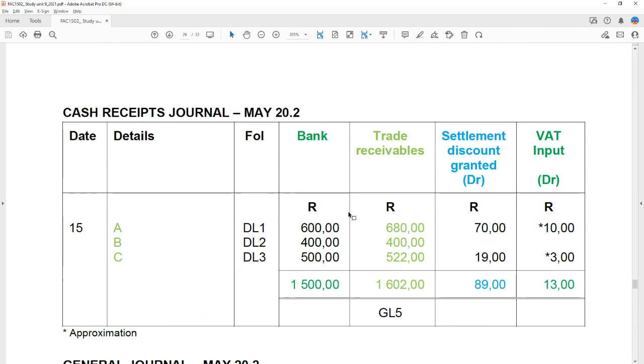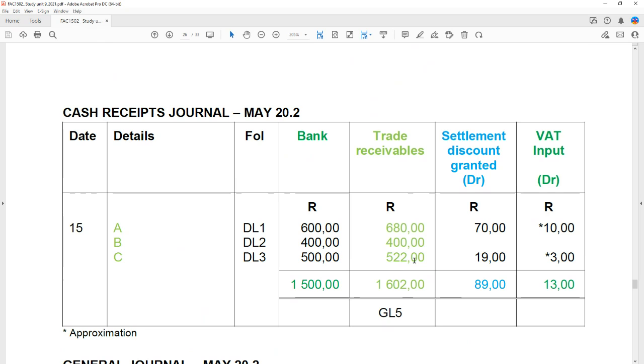So here we can see we received these amounts from our trade receivables. This is the full amount that the debtors owed us, less the settlement discount granted and the VAT input. So the 89 plus the 13, if you deduct that from the 1,602, you get the 1,500.